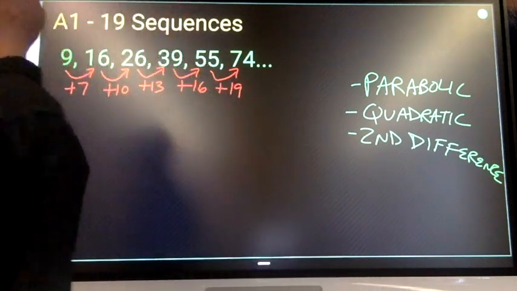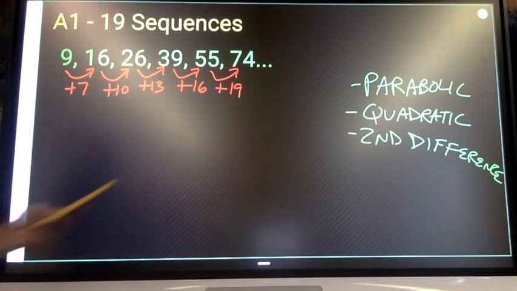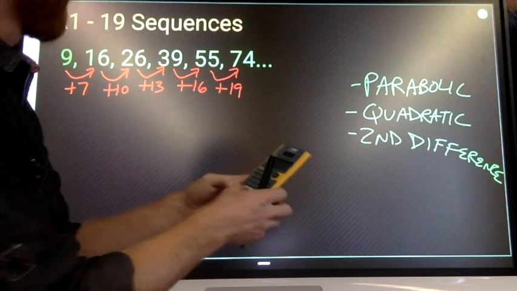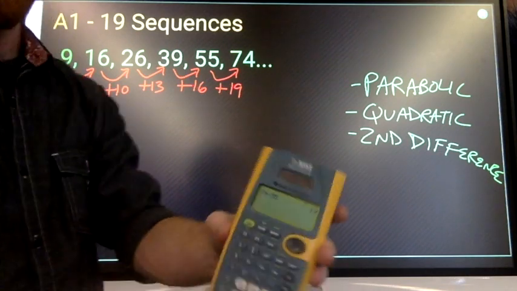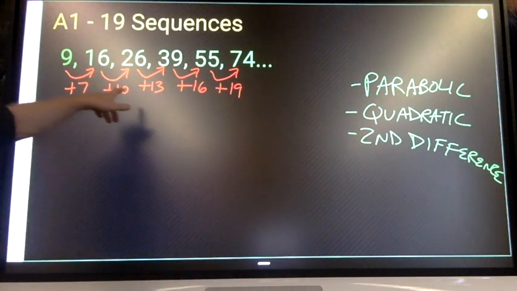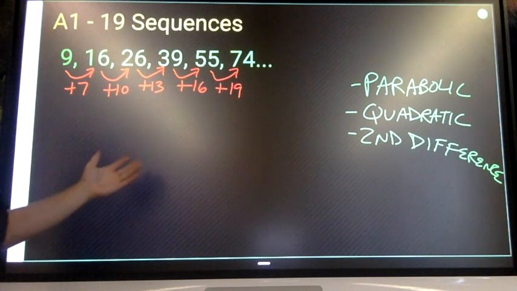Again, you could be using a calculator, and the way that you would find that red number would be to subtract, right? 74 minus 55 is 19. Okay, so that's what I'm adding here. Now, all right, maybe you can see a pattern, maybe not.